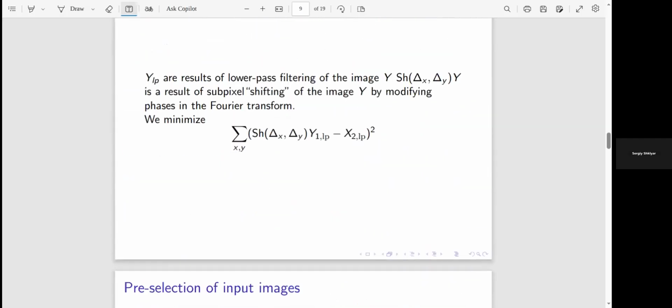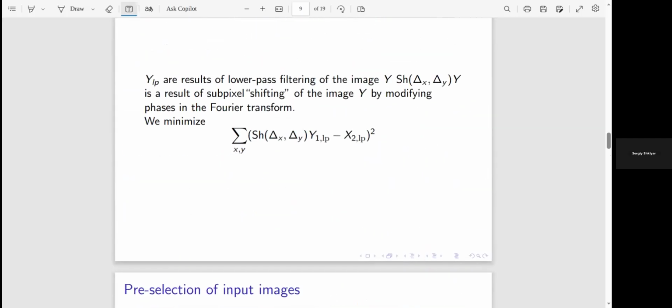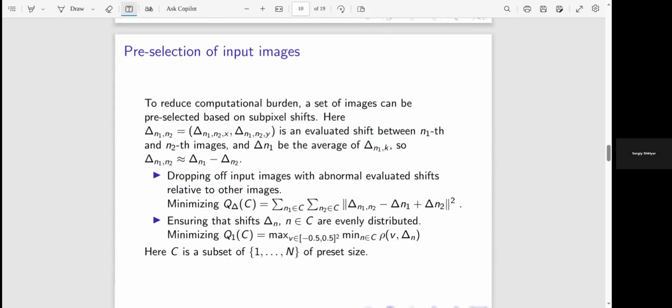Now, occasionally we can have a lot of images. That depends on the imaging system, but occasionally we can have several, 20 images or so.